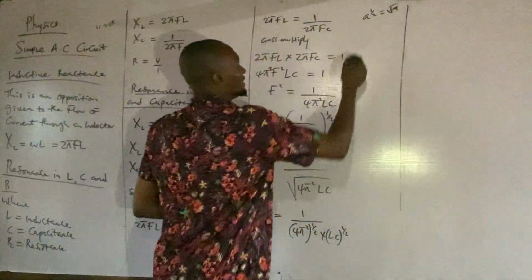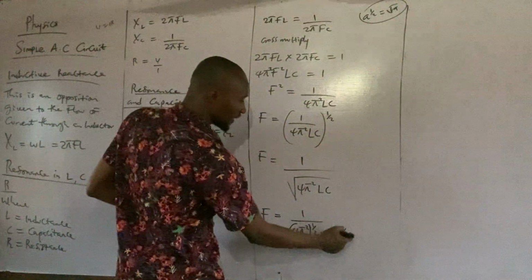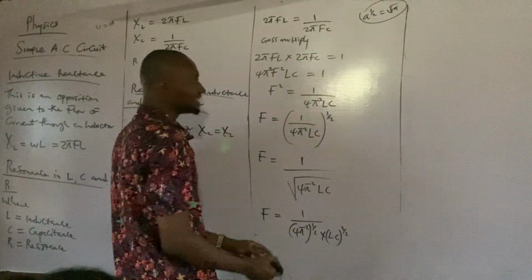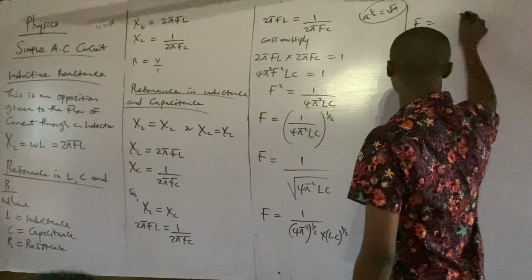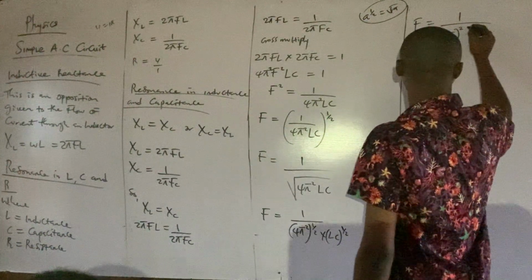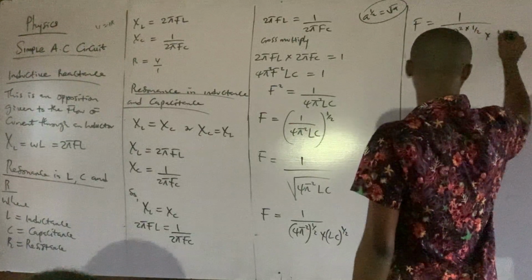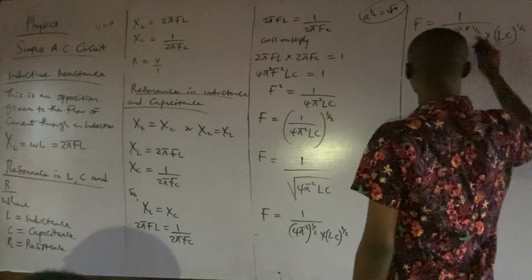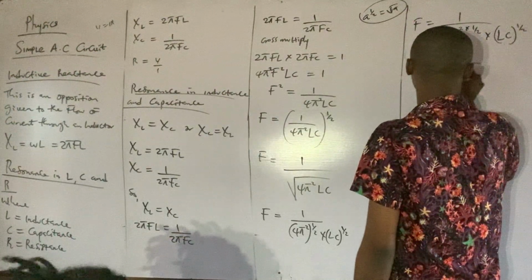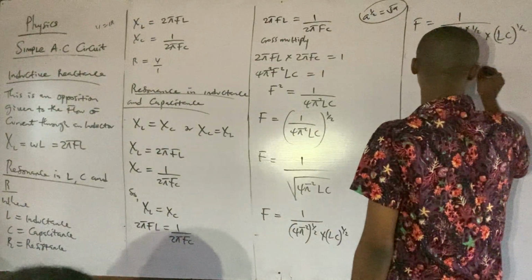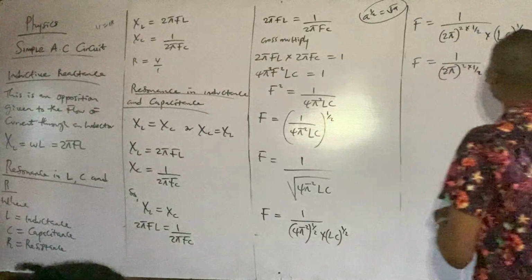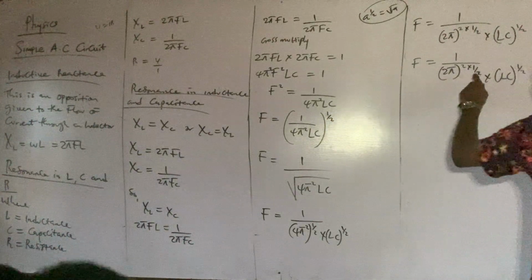Now, to finalize, F is equal to 1 over 2 pi square times 1 over 2, times LC raised to 1 over 2. This 1 over 2 here is representing roots.